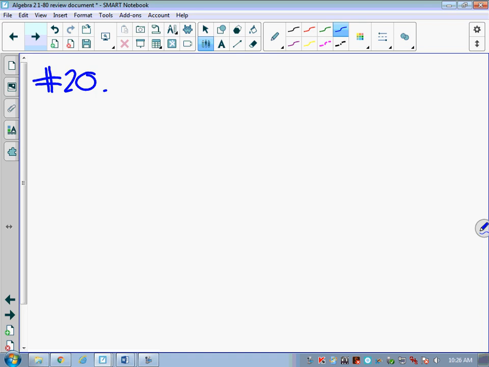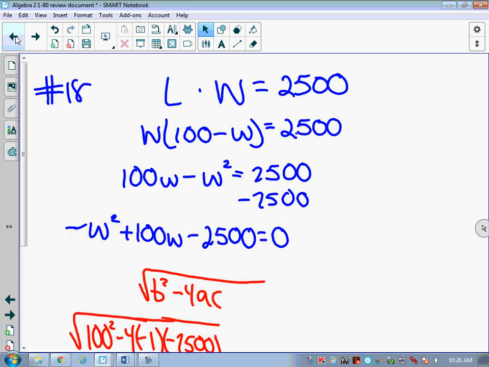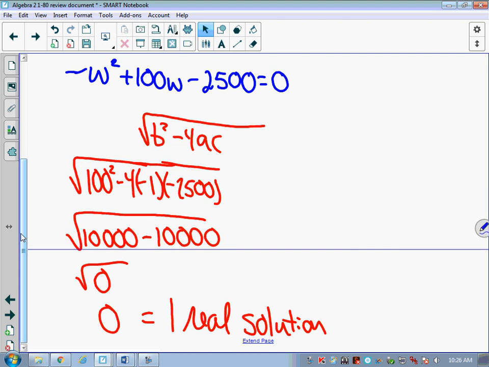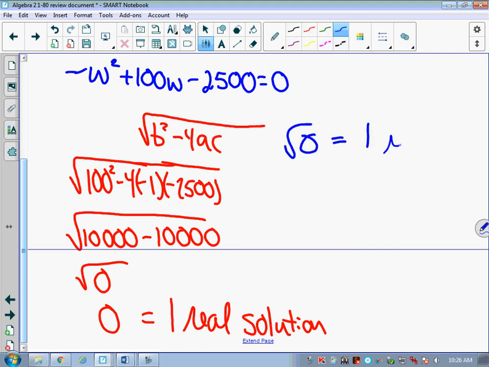Yes? How do you know when the numbers are too complex or stuff like that? Okay, we just went over that back here. If I get square root of 0, it's 1 real. If I get square root of anything greater than 0, it's 2 real.